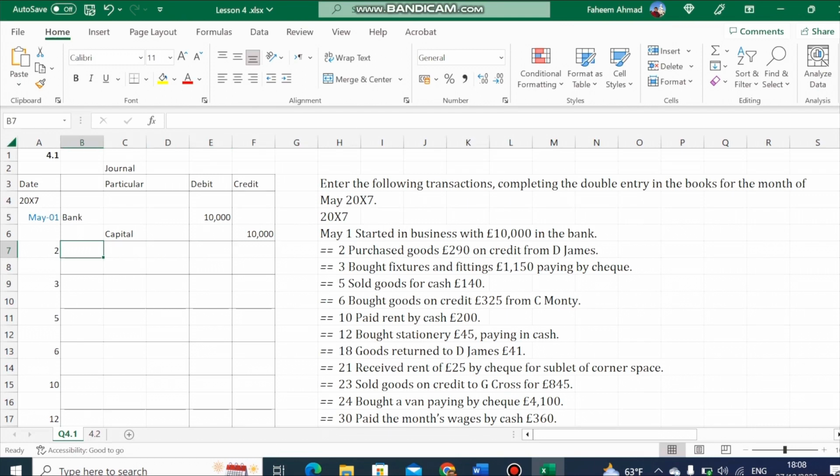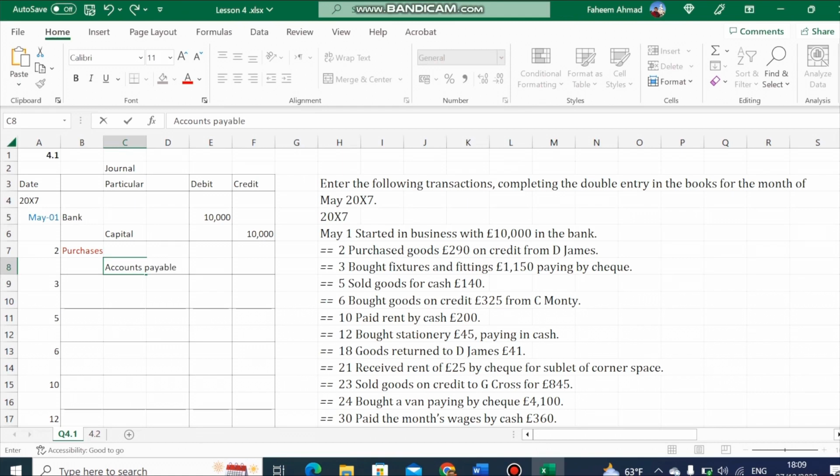Then we have May 2nd, purchased goods. Now this is something new. This entry relates to income statement or profit or loss account item. When business purchases goods for resale, we debit purchases. Goods are bought on credit, therefore accounts payable will be credit.